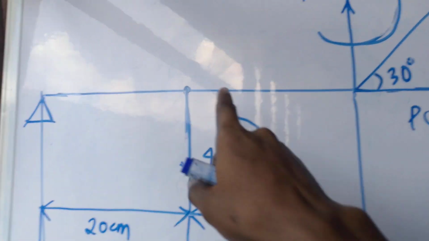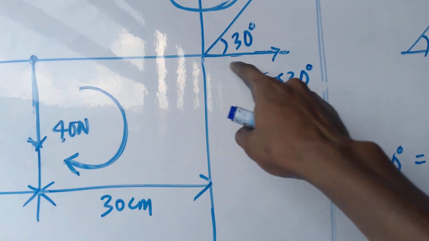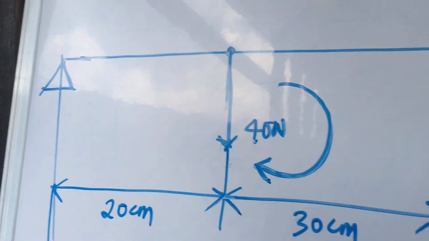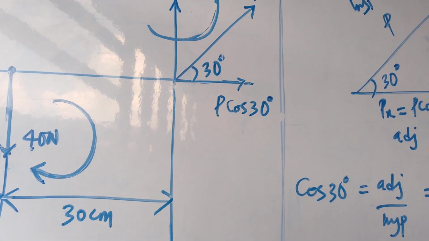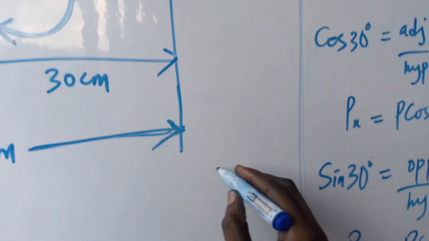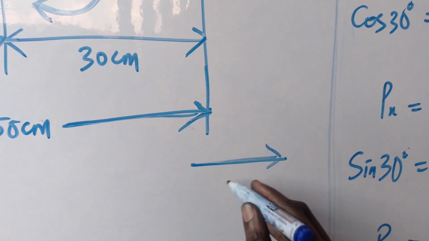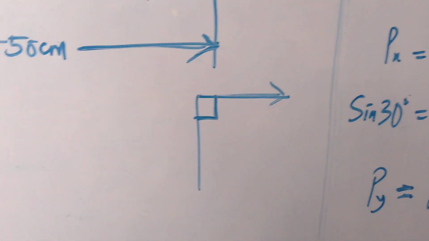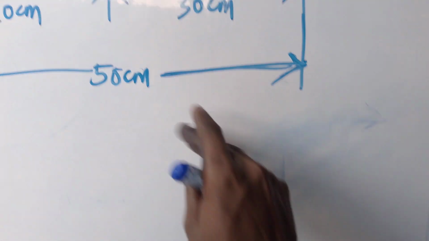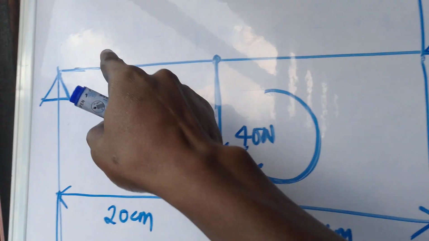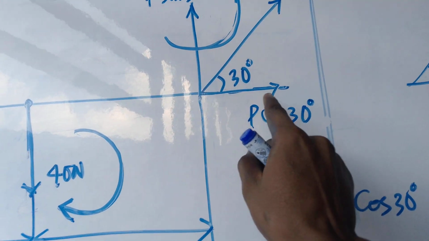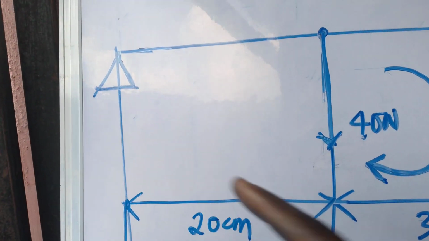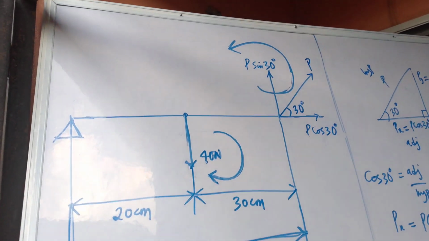For a horizontal force, its perpendicular distance must be vertical, and there is no vertical distance there. So I will neglect this P cos 30.